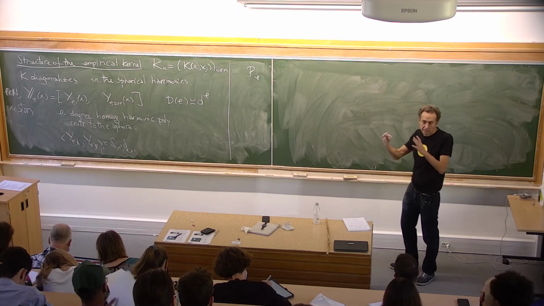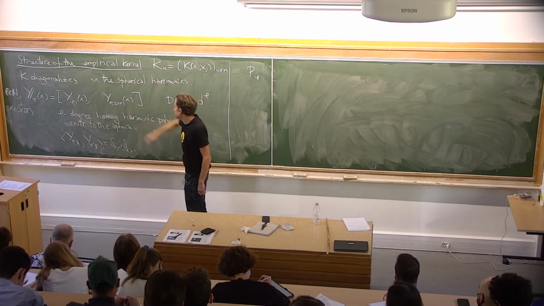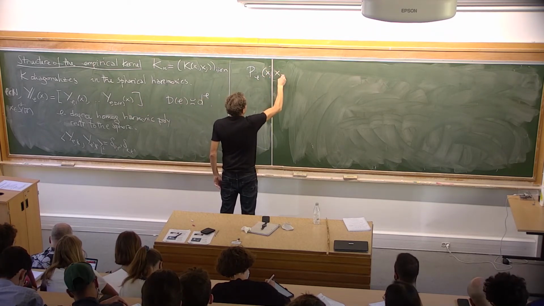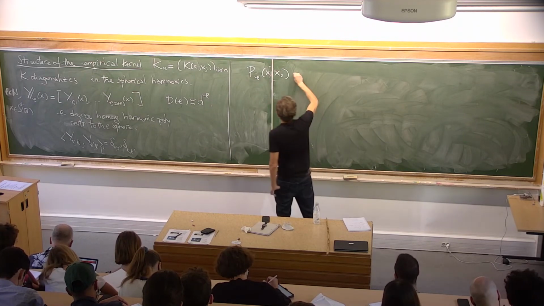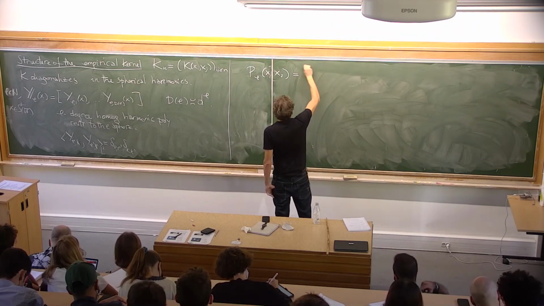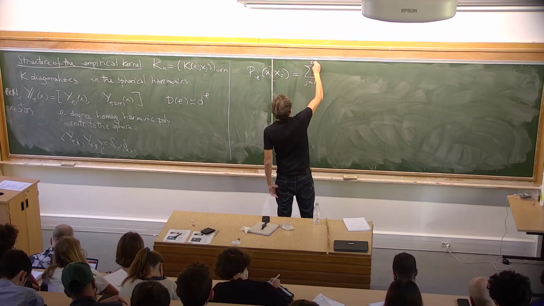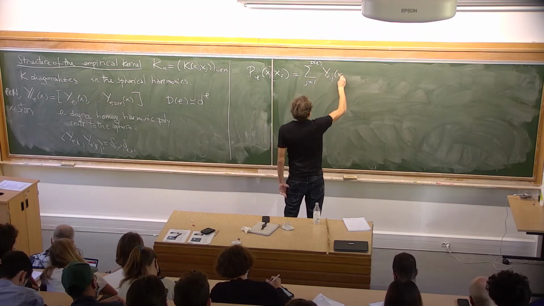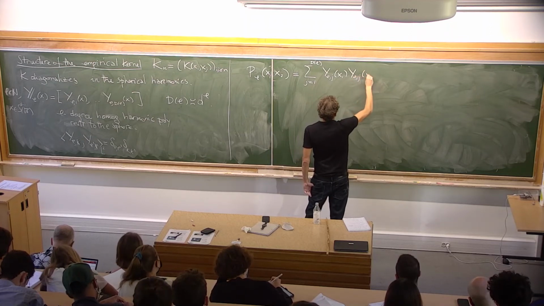You can view it as a kernel. The projector onto the span of these functions can be implemented as an integral operator with a kernel, which will be the sum over j from 1 to d_L of Y_{L,j}(x1) Y_{L,j}(x2).